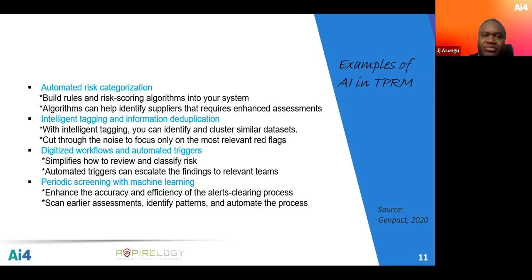AI can also help you in doing what we refer to as intelligent tagging. It also helps you to digitize workflow and to automate triggers. And finally, it can help you in conducting periodic screening with machine learning.